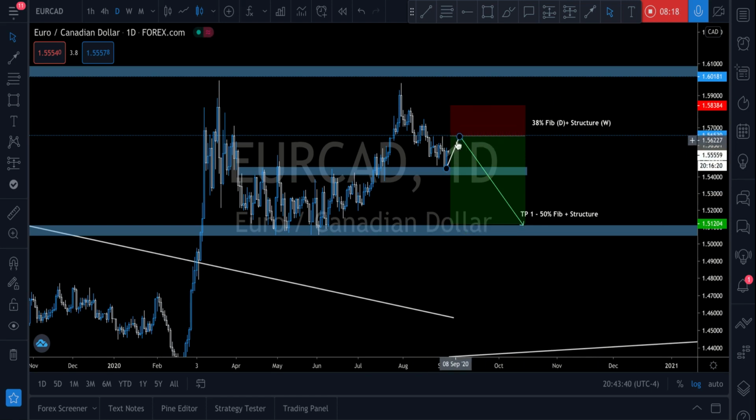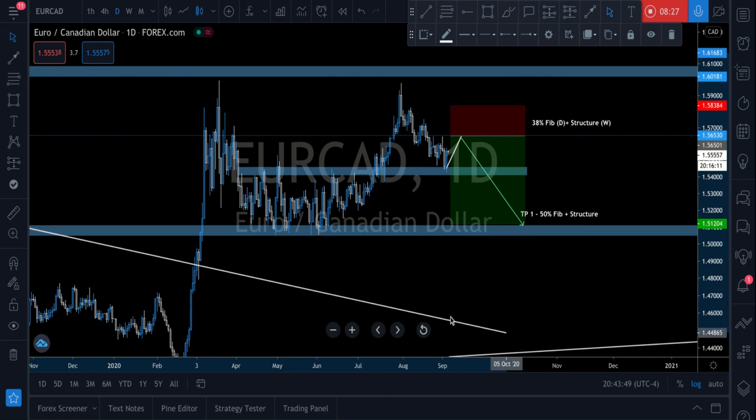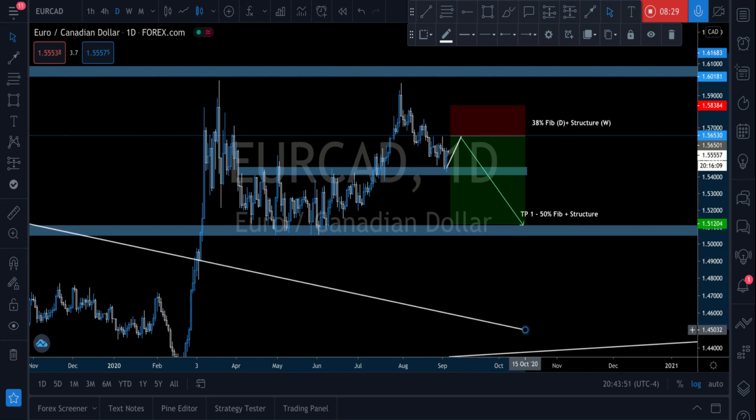So real quick, this is kind of a weak idea in my opinion. Because we're hitting this area of structural resistance, we want to be looking for shorts. However, we did break this overall counter trend. So when we're looking for shorts, we're actually ultimately looking for buying opportunities on the long term because this overall monthly, weekly trend line is positive. It's ascending.